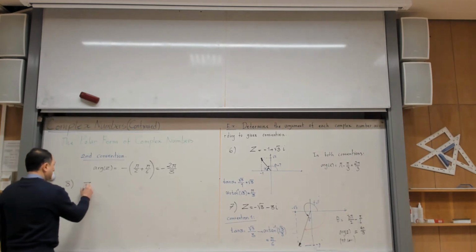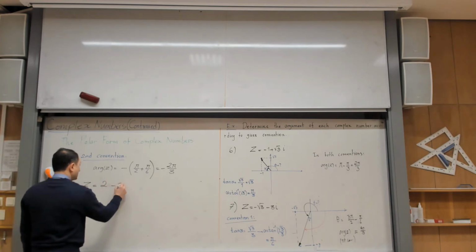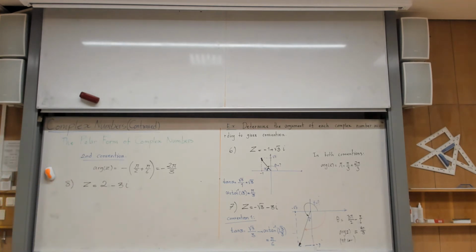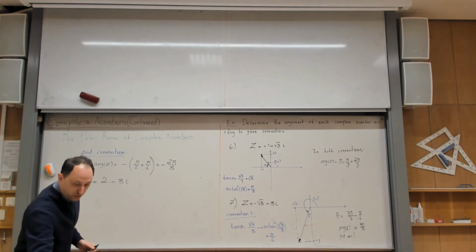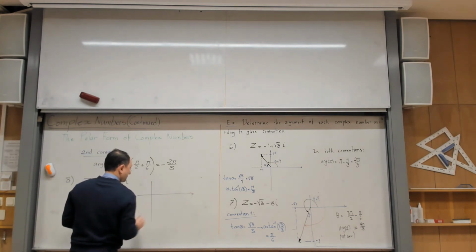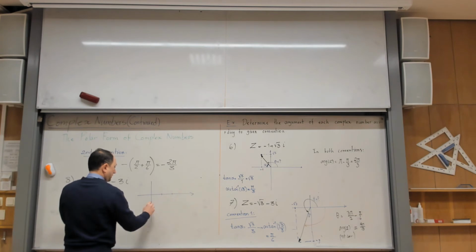So for example, let me write z is equal to 2 minus 3i. I want to find the argument of this. Okay? So how should we do that? As before, we just go to the complex plane. 2 units, and 3 units in the negative part.